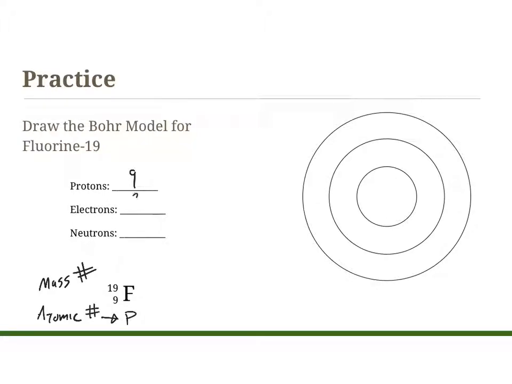It's a neutral atom, so it's going to have 9 electrons. And the neutrons is mass number minus atomic number. So it'll be 19 minus 9 for 10. So when I draw this structure inside my nucleus, I'm going to have 9 protons and 10 neutrons, and in terms of electrons, I'm going to have 9.